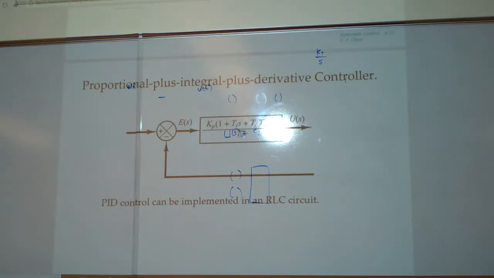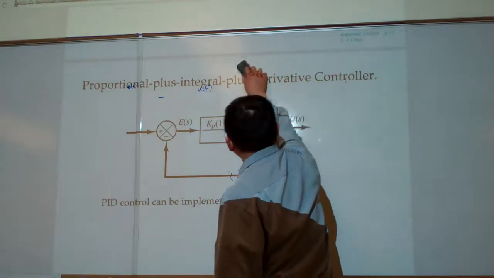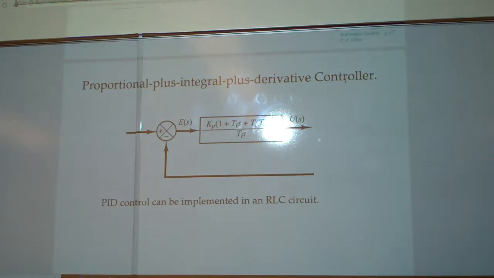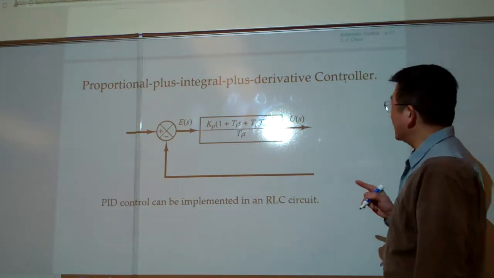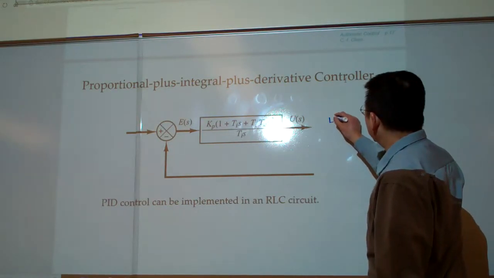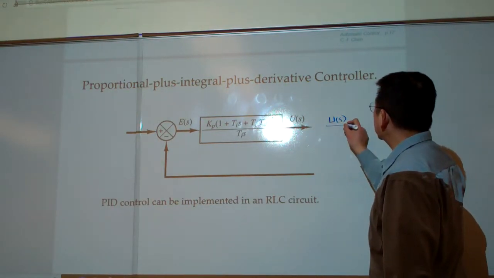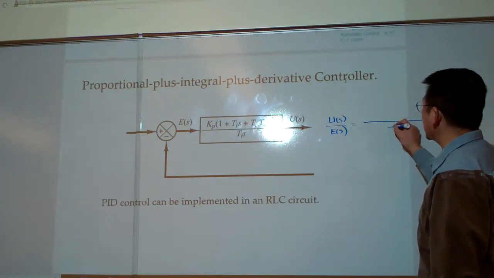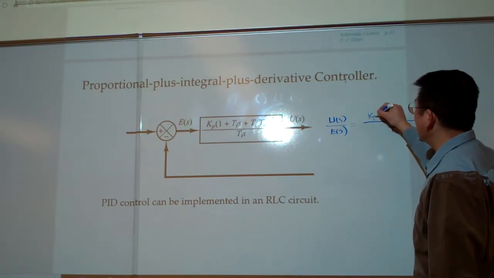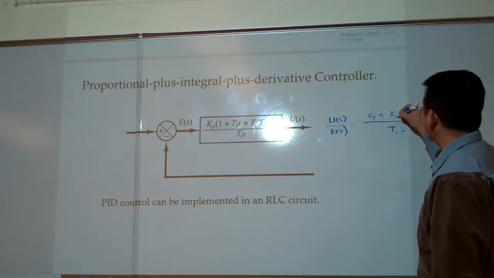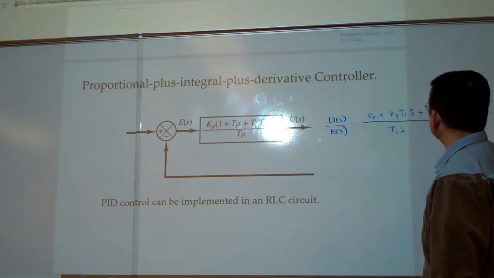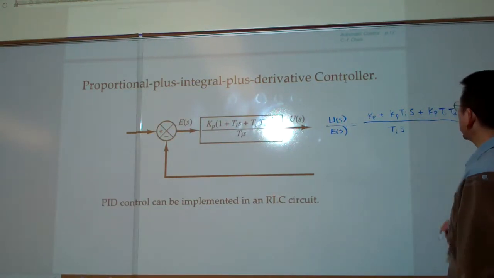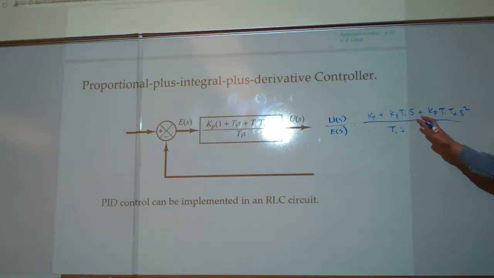This is called the PID controller. For this case, let me rewrite it here: U(s) divided by E(s) equals KP plus KP over TI S plus KP TD S. Let me put it term by term.